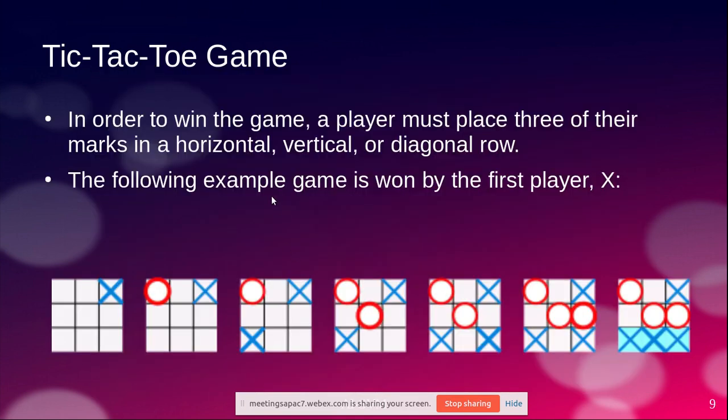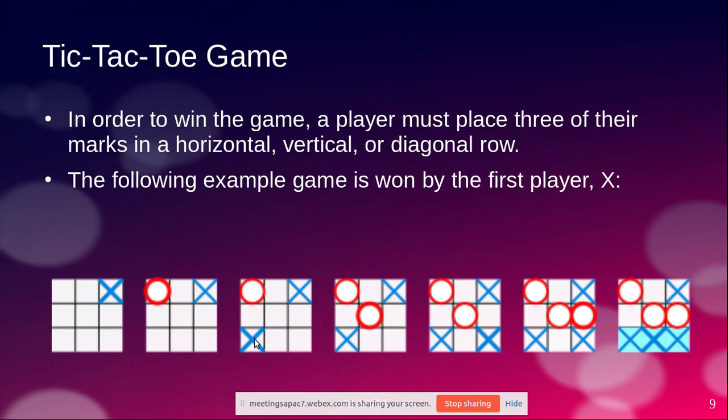Okay, let's look at this again. So we had started with a blank 3 by 3 board, and then the first player placed its cross here, the second player placed a knot here, then the third player placed a cross here. Yes, definitely, sorry, it's not the third player, it is the first player back.